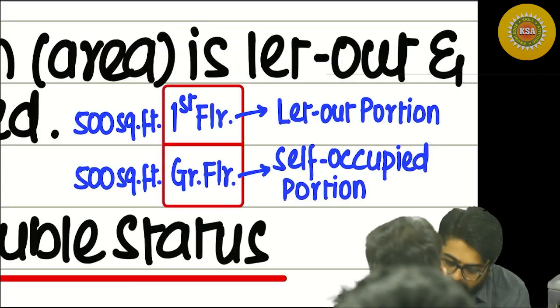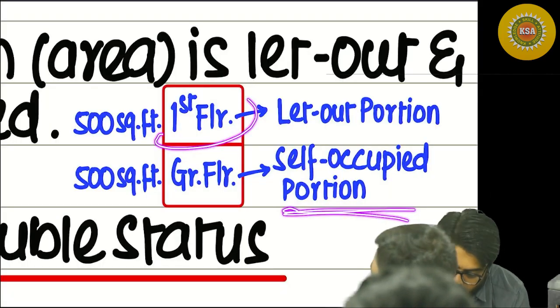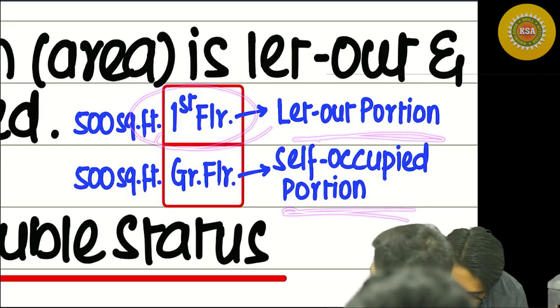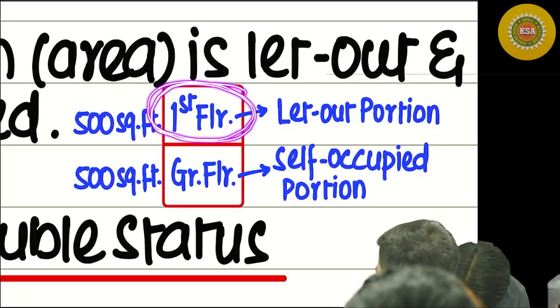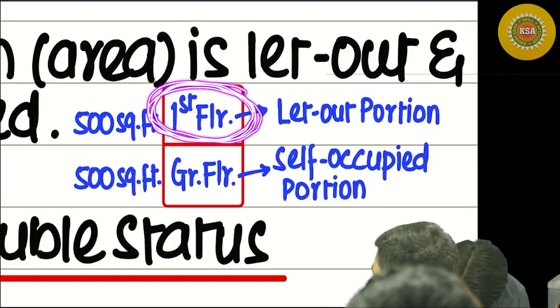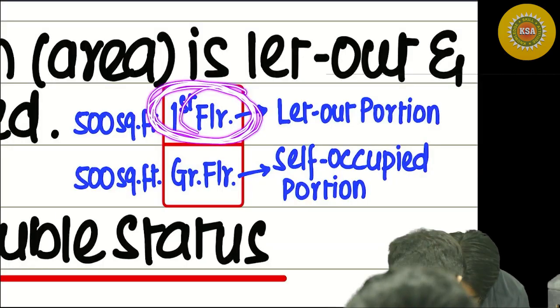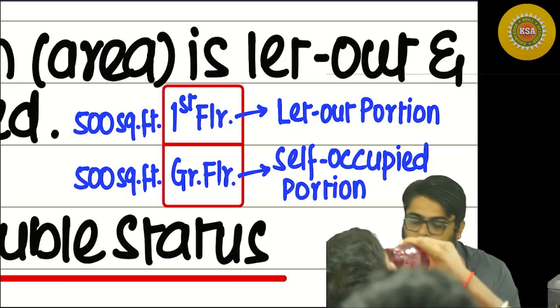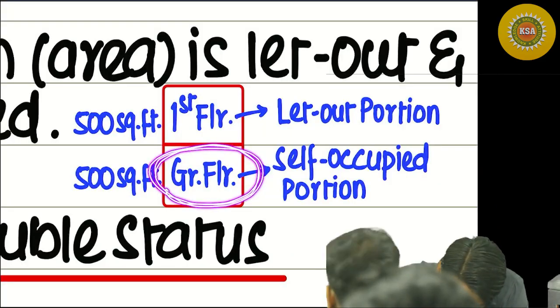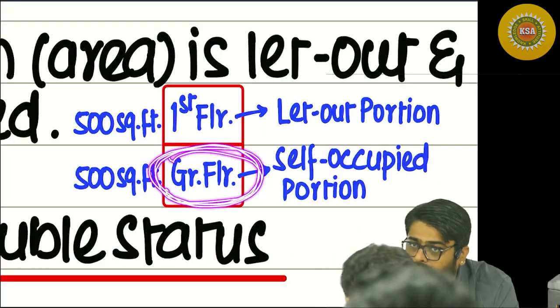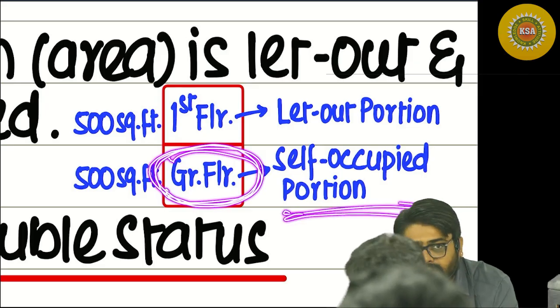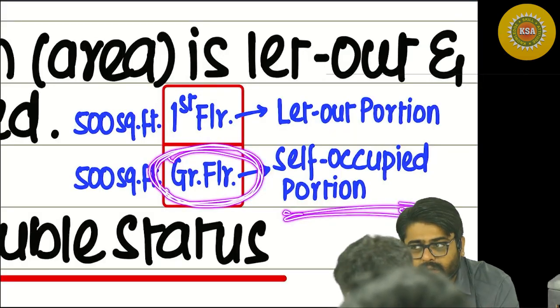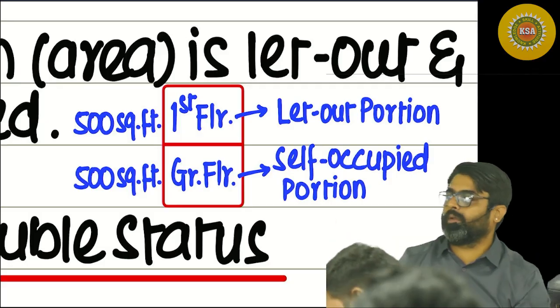One part which was self-occupied, and one part which was let out. You just calculate the annual value of this part as LOP as per 23(1). And can you calculate the annual value of this part? No. It will be taken as nil because this is the only SOP you have.